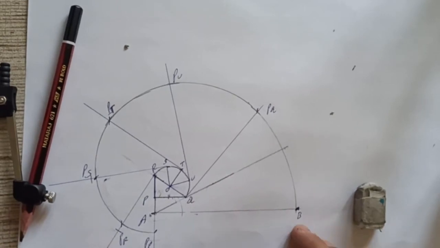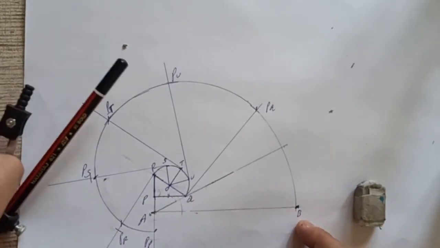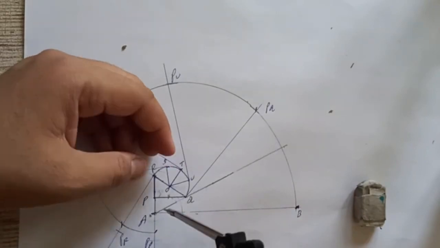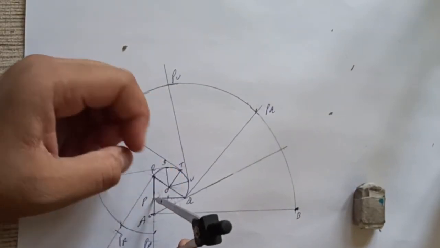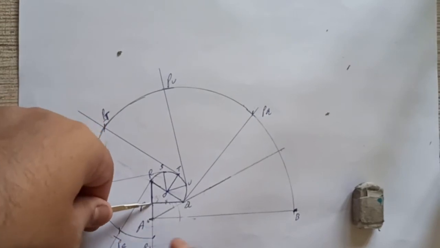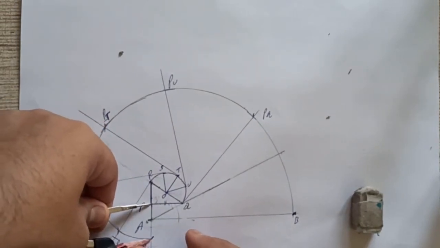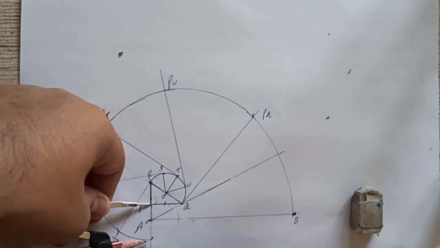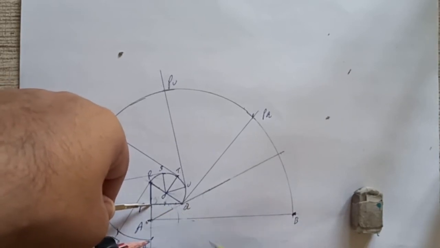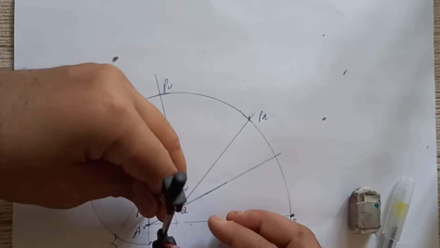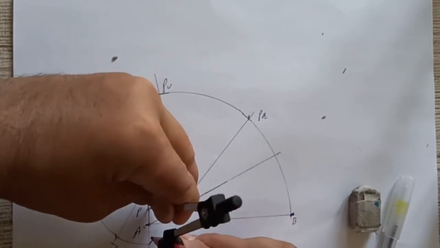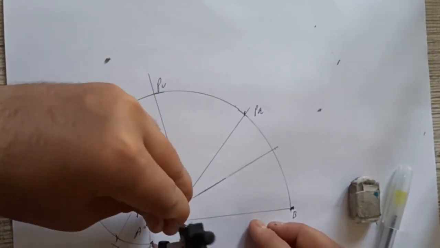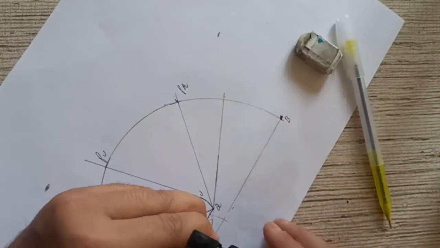Then P center, PP radius, and arc at the point.